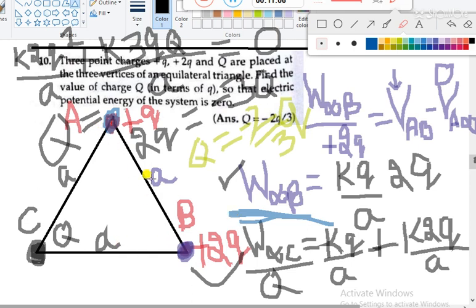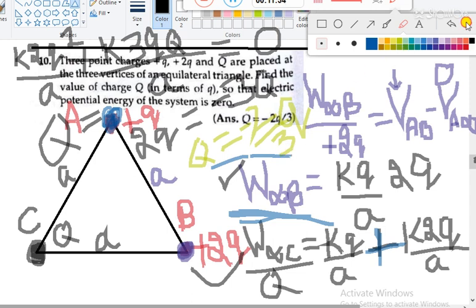When these two are placed, we consider that we are moving c from infinity, and at point c the potential is due to charge a and also due to charge b. That's why this work done contains two terms, and the system has energy 0, so we have taken all the energy equal to 0. Then after cancellation you get the final answer q equal to minus 2 by 3 small q.